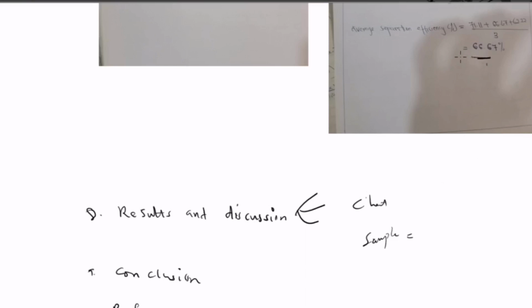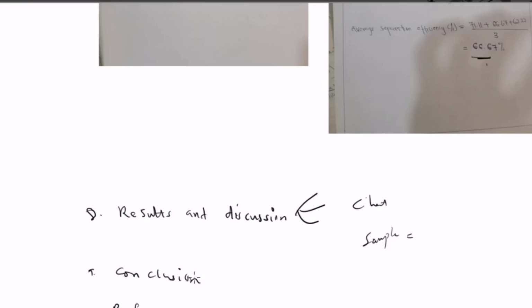In this case, you can just go to this powerful tool, ChatGPT, and write result and discussion for fraud rotation with average separation efficiency of 3 samples to be 66.67. It will generate it for you, and then you look through it and pick the one which is more correct, and then you come to your conclusion, right?